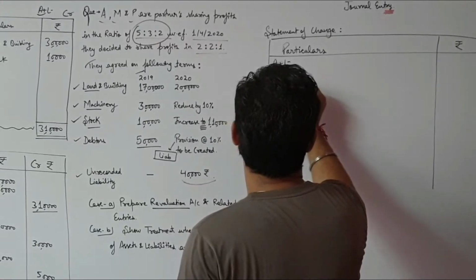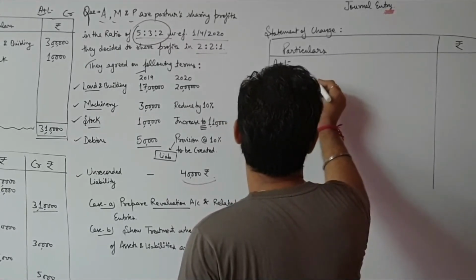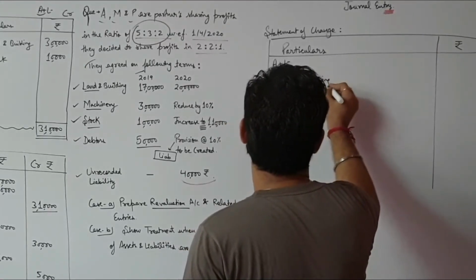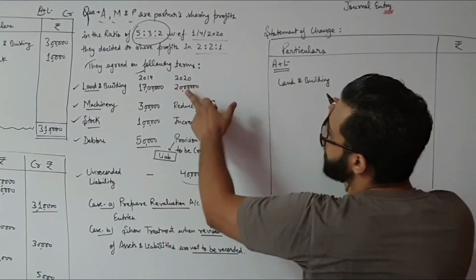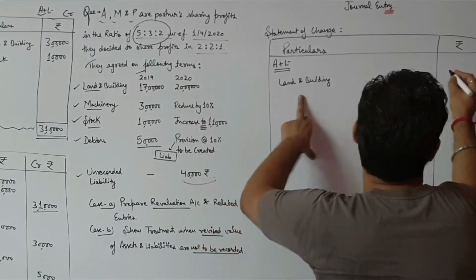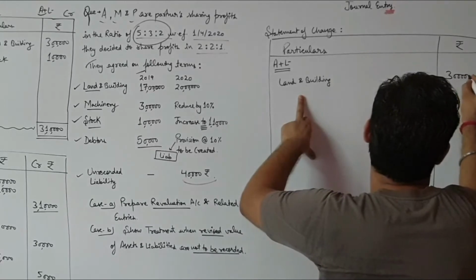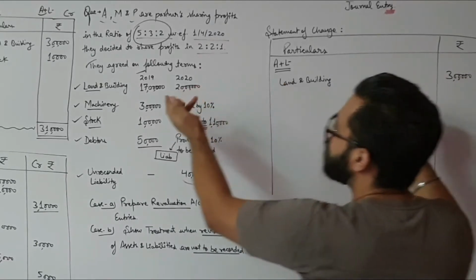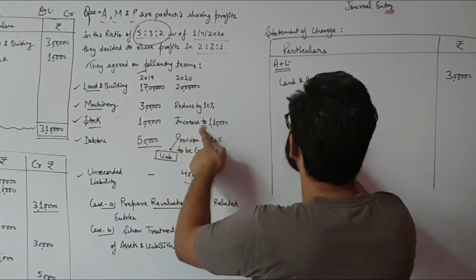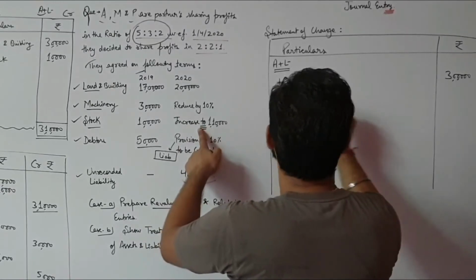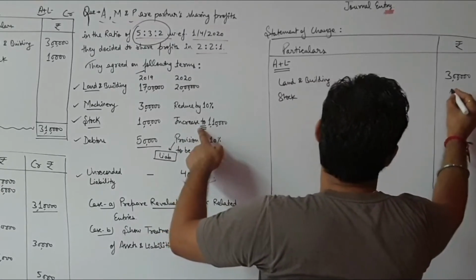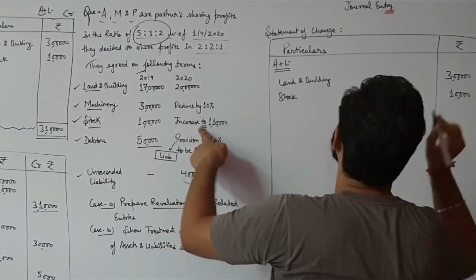So, land and building increased by 3 lakh, so it will be shown here, positive. Also, the stock was increased, so the stock will be shown as 10,000 increase.